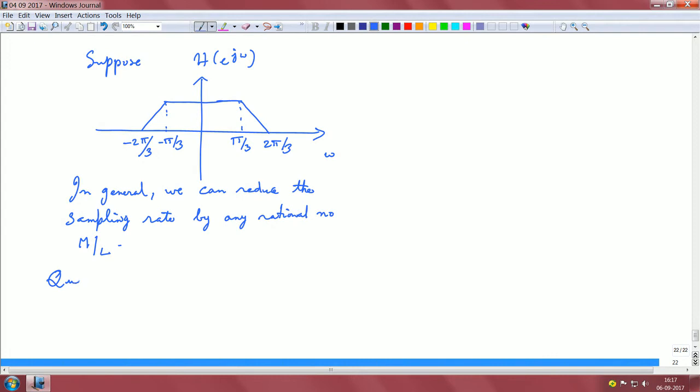Okay. What is really important is the quality of the filter h of z, which determines the quality of the output.